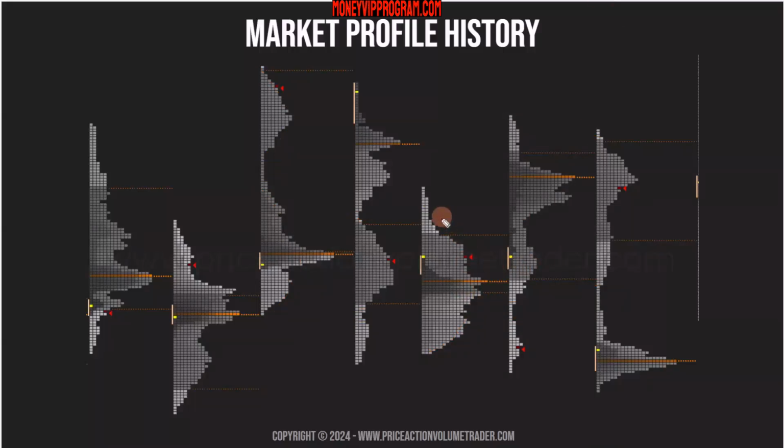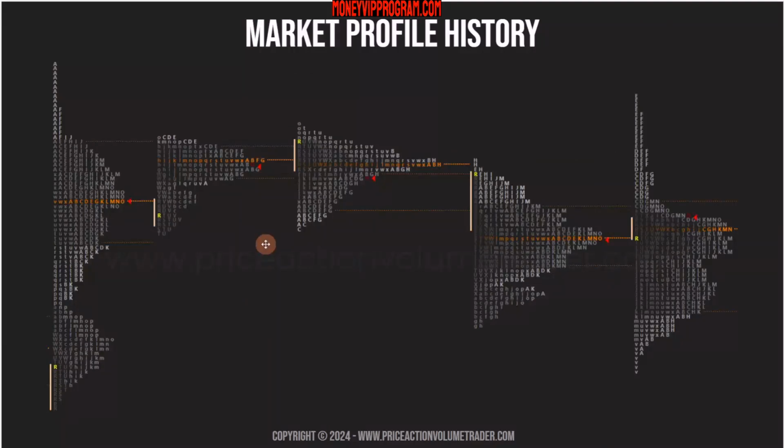So immediately when we see a profile like this, we know that this was a very ranging, balanced day. When you have days with a thinner profile, you can tell that these were days with more of a trending environment. What market profile shows us is the interaction, in auction market theory, between buyers and sellers, and what's called fair price, where the market is finding acceptance in prices.